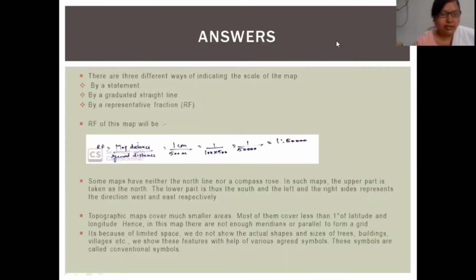Next question is, a map scale given thus 1 centimeter to 500 meter. What is the RF of this map?